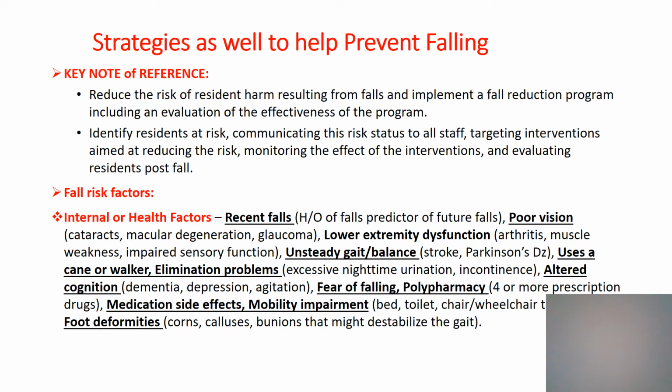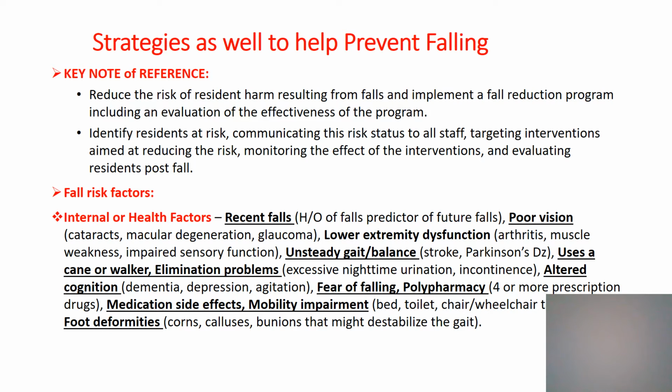Some keynotes of reference when you look at strategies to help prevent falls. We want to reduce the risk of resident harm resulting from falls and implement a fall reduction program. Identify residents at risk, communicate this risk factor to the staff, target interventions aimed at reducing the risk, and monitor.